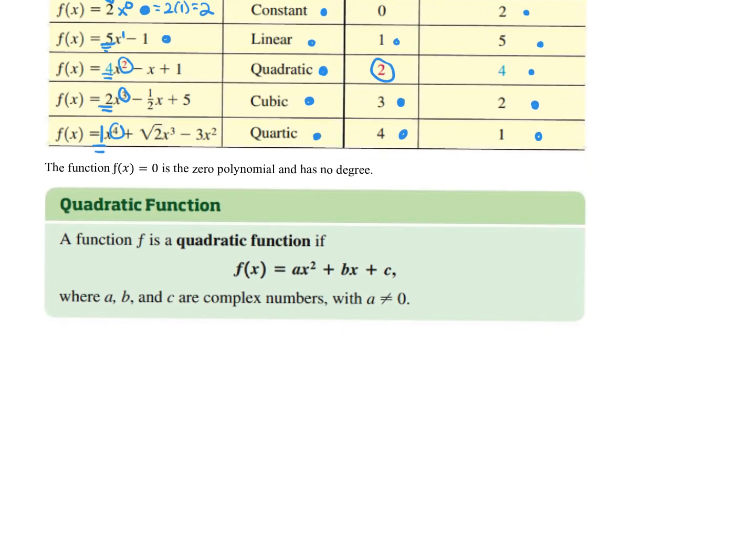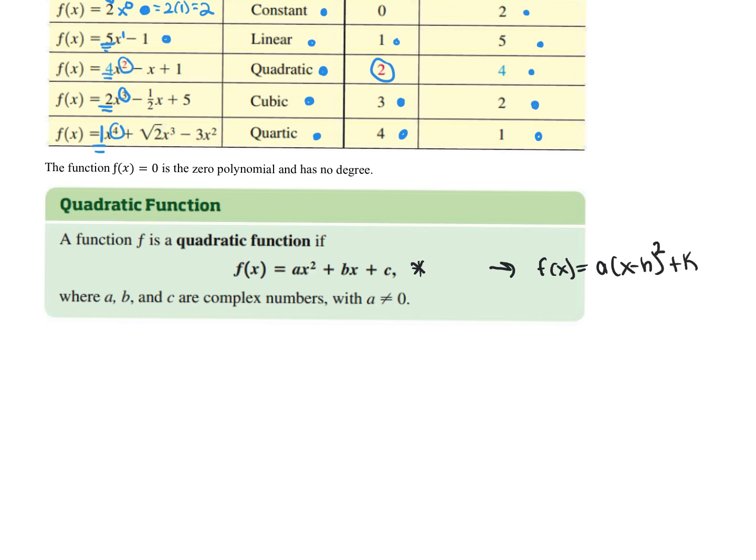Now on to looking at parabolas. So we have looked at parabolas before. This right here is a quadratic function, ax squared plus bx plus c, and a cannot equal 0 because we wouldn't have an x squared term. You have also, and in the following pages we'll see this, we've also seen this in a couple other ways. f of x equals a times (x minus h) squared plus k.